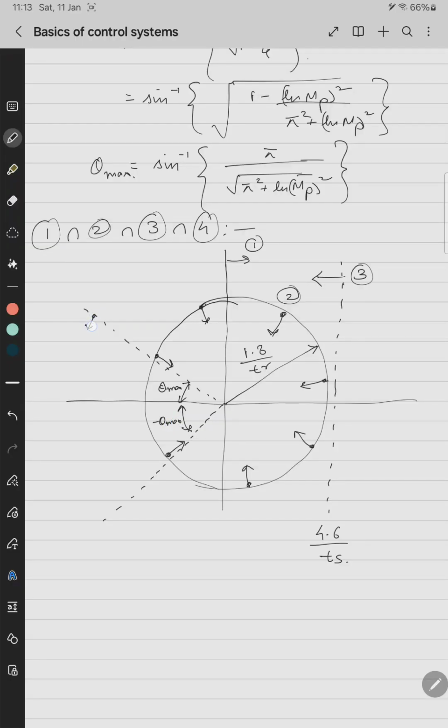So between theta max and theta min, this is equation number 4. This is the sigma axis and this is the j omega axis. So where is the intersection, the common point of it? It is here.